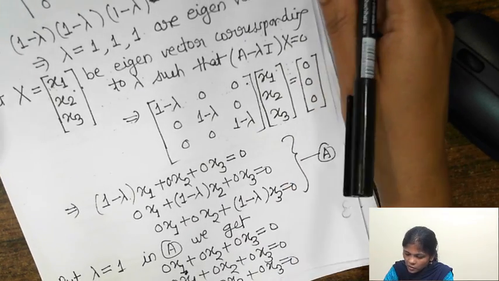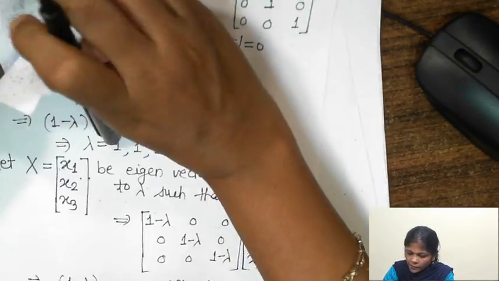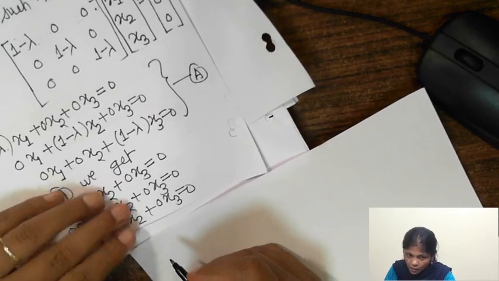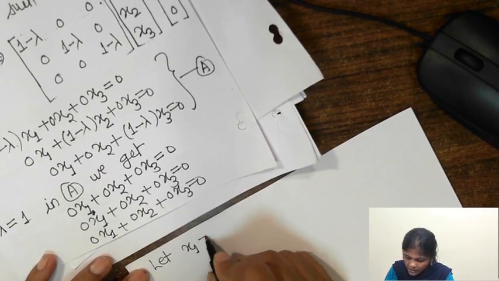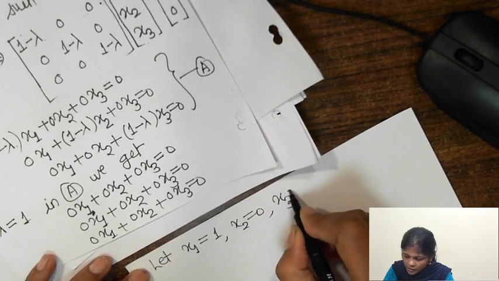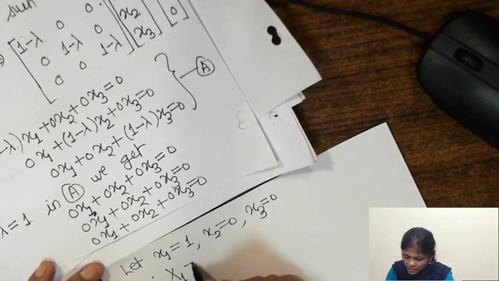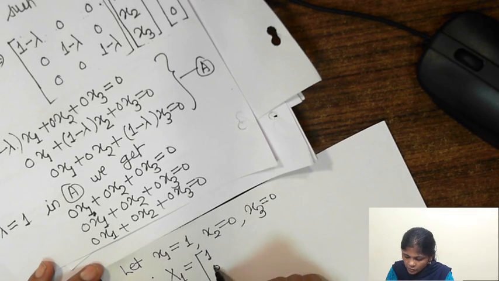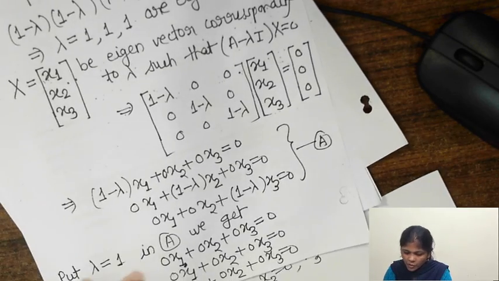Let us take that non-zero value as 1, just to get a non-zero eigenvector. So let x1 be 1, x2 0 and x3 also 0. Therefore, the first eigenvector is 1, 0, 0.